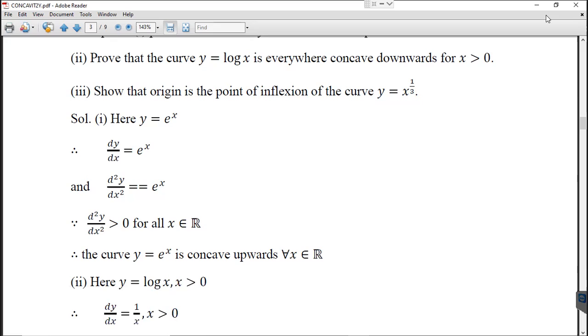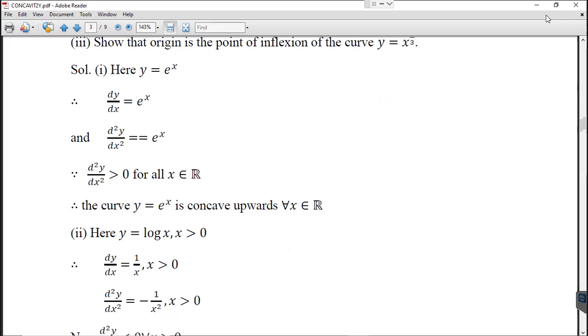So the curve is concave upwards because the second order derivative is greater than 0 for all x belongs to R. So for every x belongs to R, the given curve y is equal to e raised power x is concave upwards.